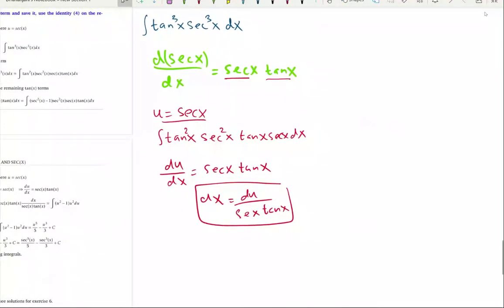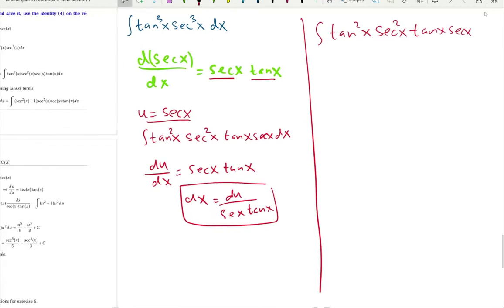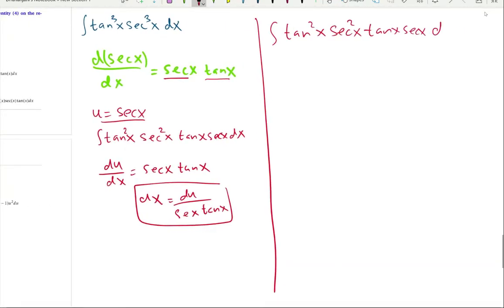All right, so let me make some space here. So here then this is tangent square x secant square x, and then we have tangent x secant x. Let's replace dx by du over secant x tangent x.